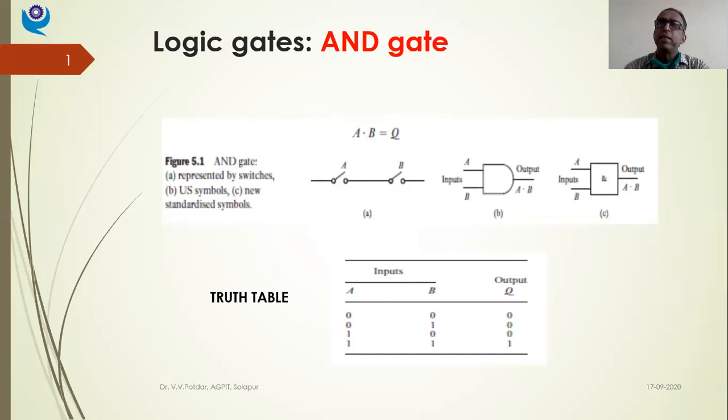If that is the case, then the buzzer or the alarm should be put on. So these are the situations wherein we can make use of such logic. So this is the AND gate.